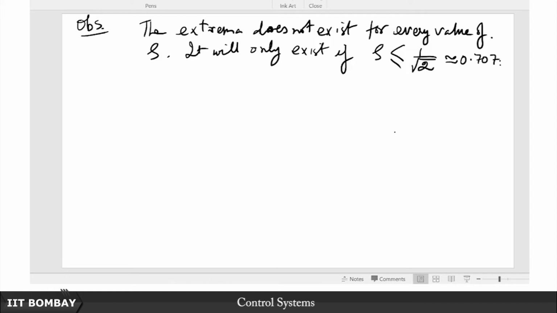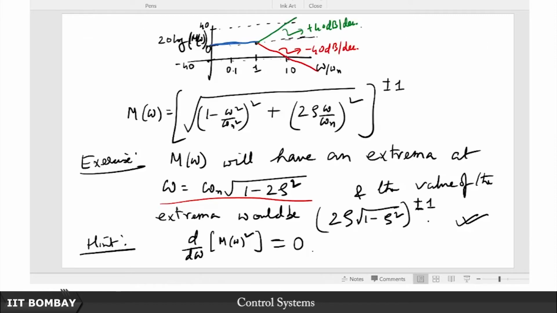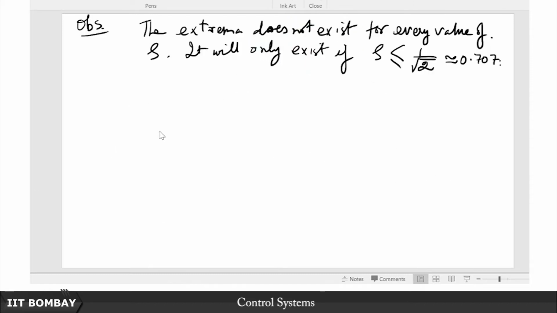Interestingly, when we are now looking at the frequency domain plot, these are two different objects altogether, but you see whether this particular log magnitude plot will have a peak or not, for example, if there will be a peak like this, or a trough like this, that will be determined, it seems, by the same parameter zeta.